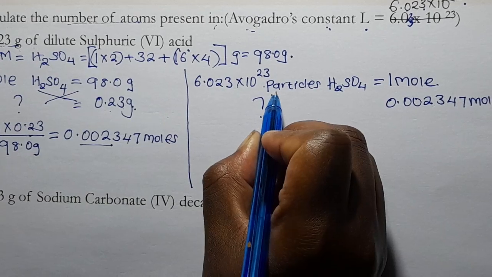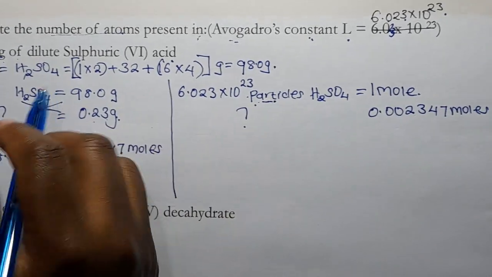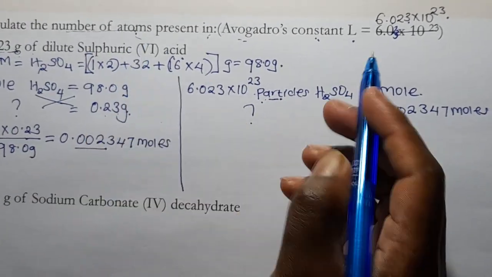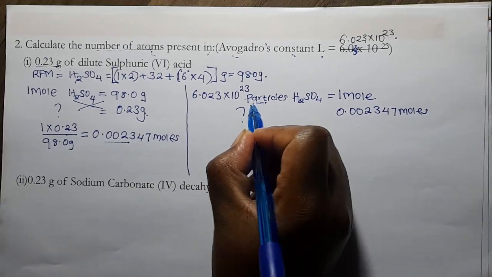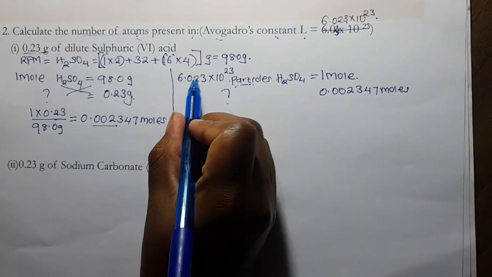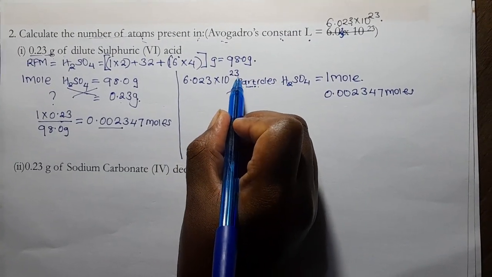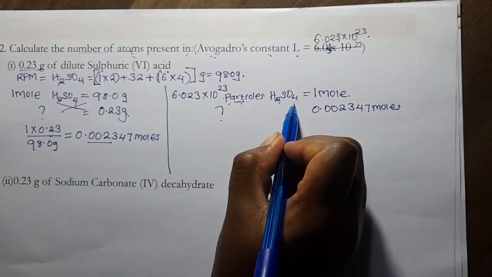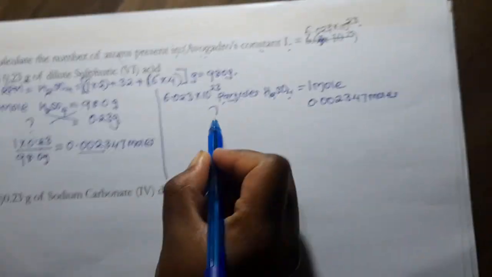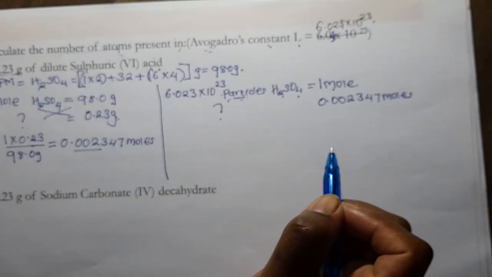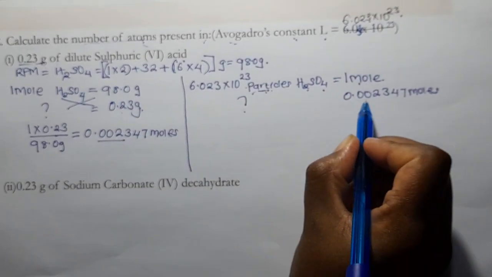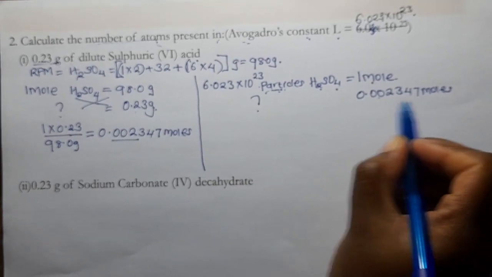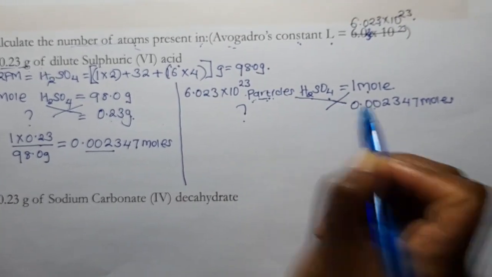Now, when we are referring to the number of particles here, we are finding the atoms. We said atoms are one of the particles. So we can also say 6.023 times 10 raised to power 23 atoms of sulfuric acid is equal to 1 mole. So how many particles are there in 0.00237? So we cross multiply here.